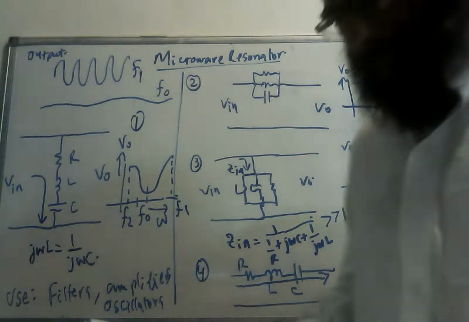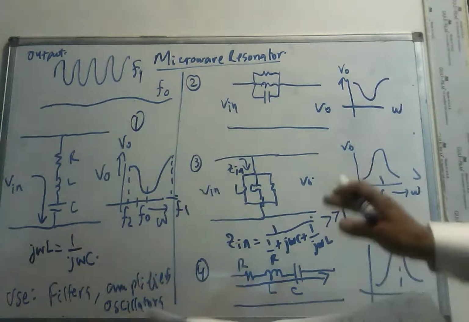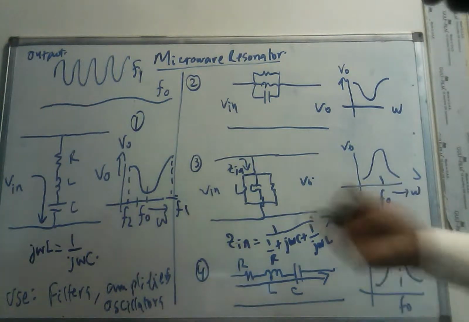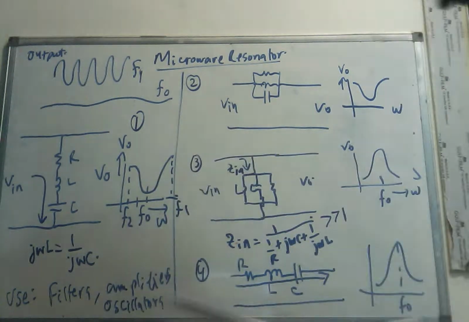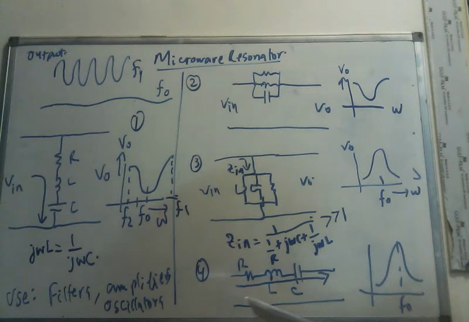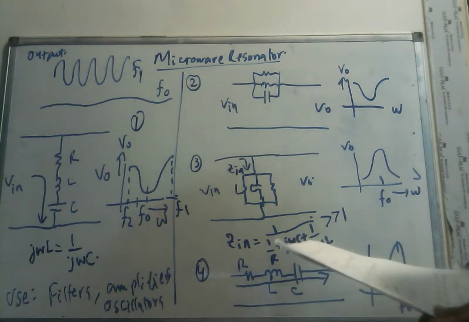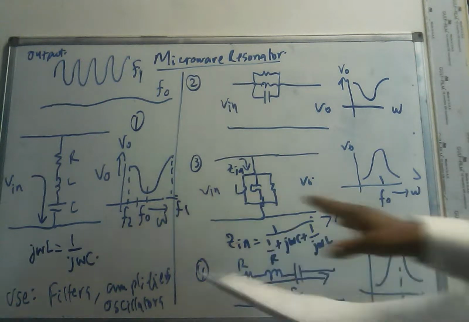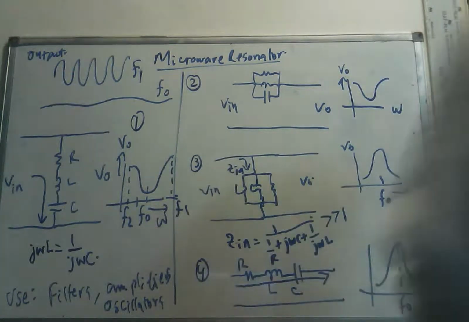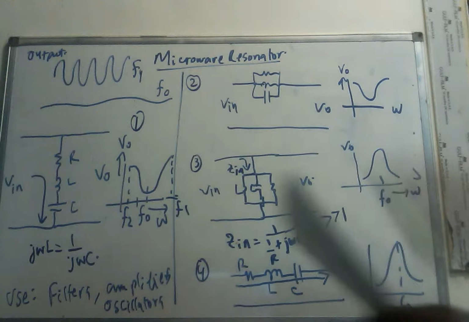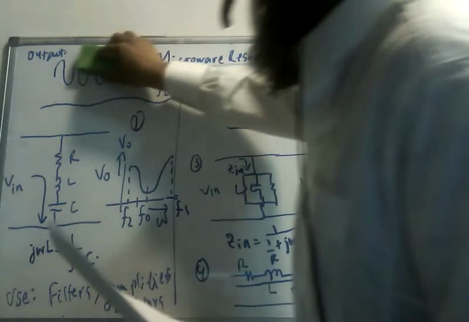Now, when does this resonance happen? When do you see this peak or this low in the output characteristics? This happens at the point when the magnetic energy is equal to the electrical energy. I can write it here.